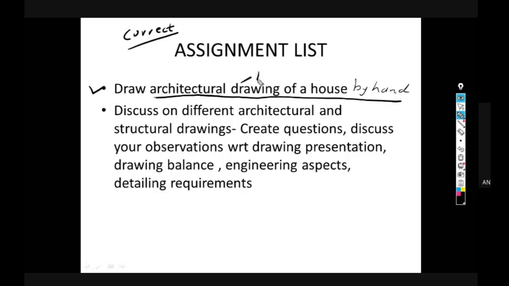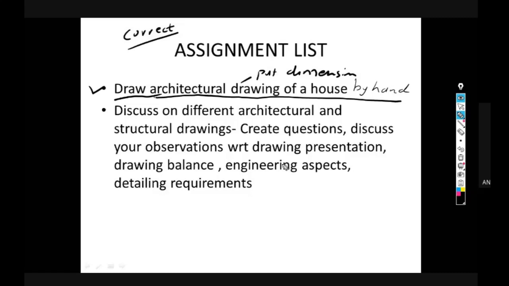Put the dimensions, and measure all objects with your measuring tape. I don't say you do it within one or two days. Whatever time you get as per your availability, complete this assignment, let's say 5 days, 7 days, 8 days, whatever it may be. You will learn a lot. So this is your exercise.